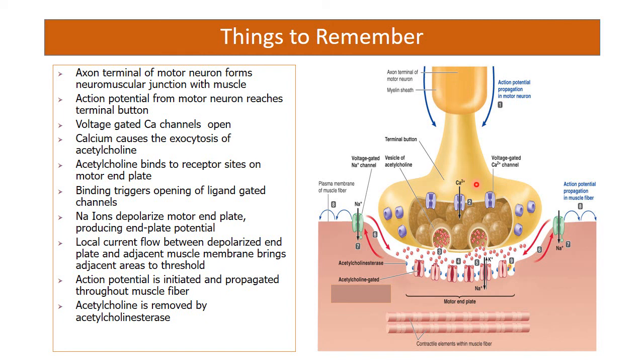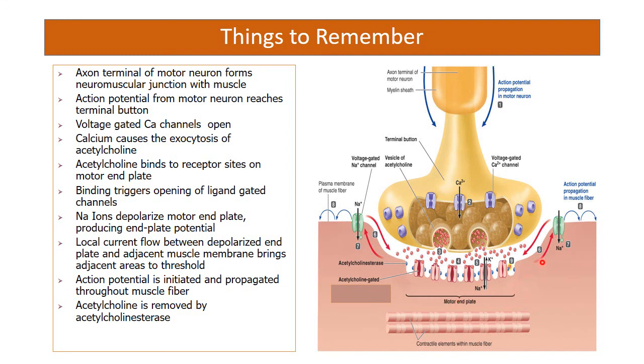Here, voltage gated calcium channels open. Then what happens? Calcium causes the exocytosis of acetylcholine. At number 3, acetylcholine binds to receptor sites on the motor end plate. That is 4. At number 5, sodium ions now depolarize the motor end plate, producing the end plate potential.